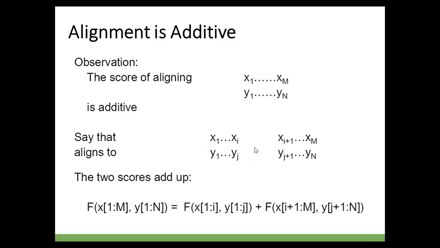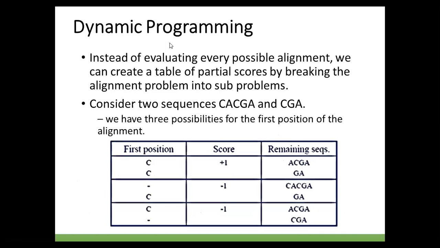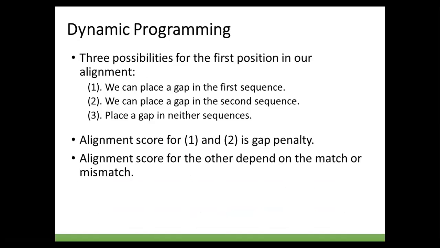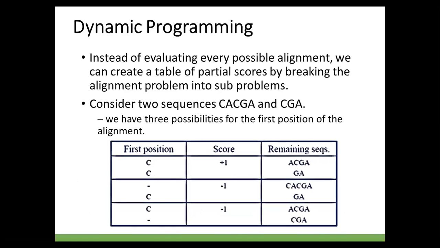So the characteristics they observe, the first characteristic is additiveness of the alignments. We can get chunks of these alignments, and then we can add the scores together. So that's the additivity of alignments, and that's one thing they consider.